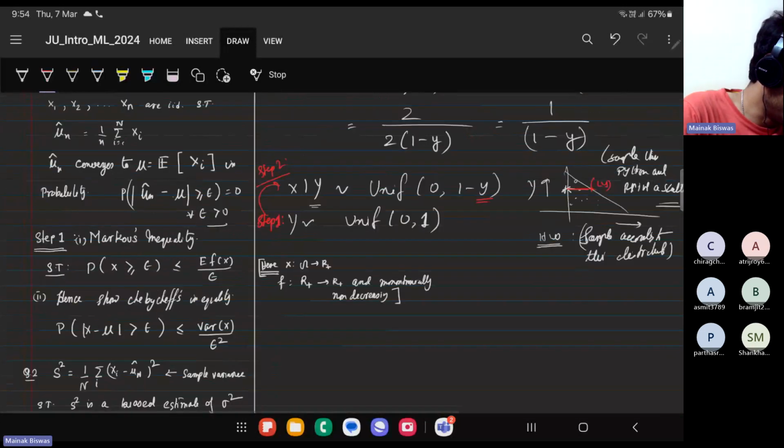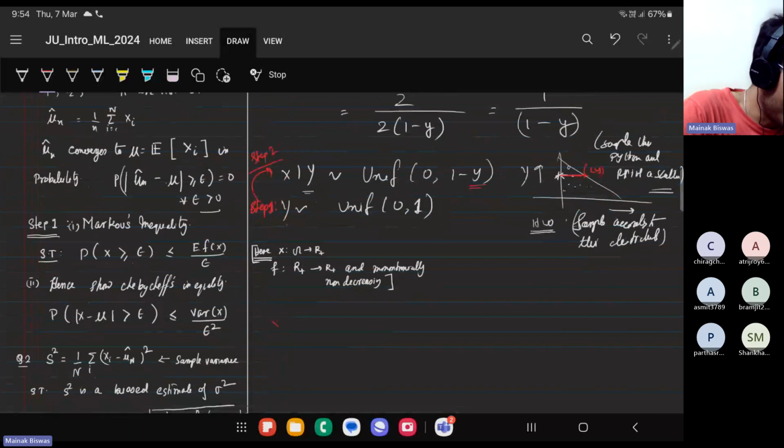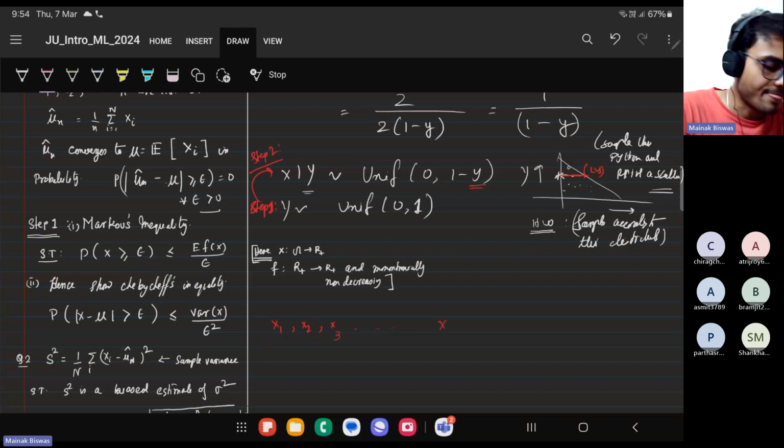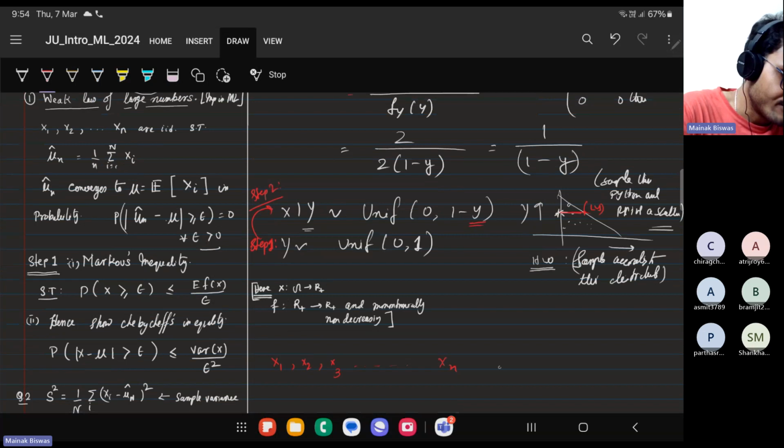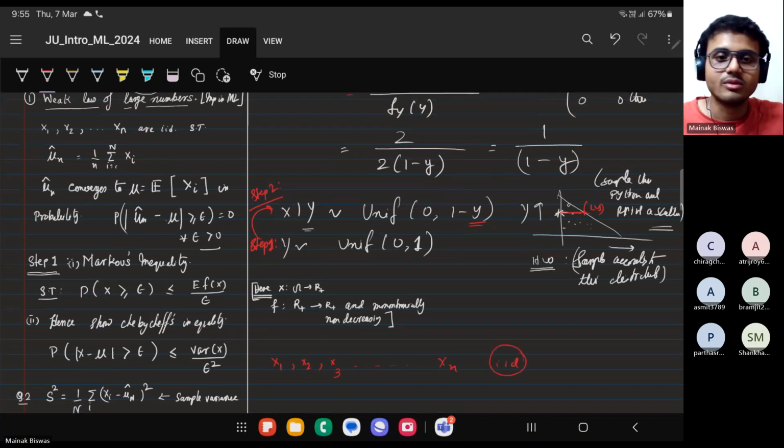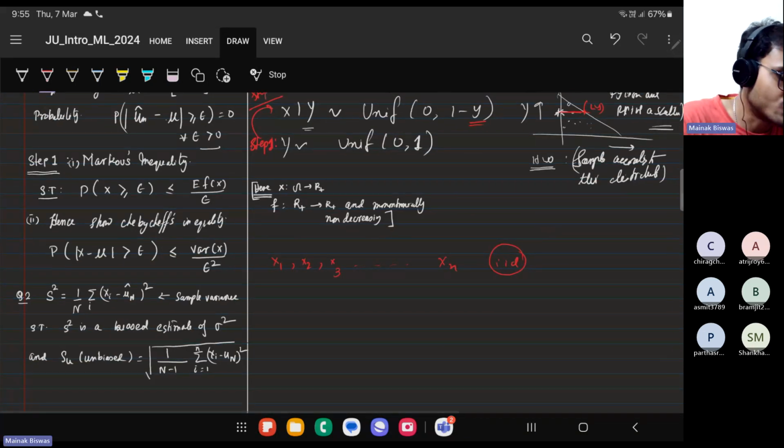So the idea is, say if you have n random variables X1, X2, X3 up to Xn, they are IID, independent and identically distributed, and you define a sample mean. What is sample mean? Can anyone tell me? This is also a random variable.